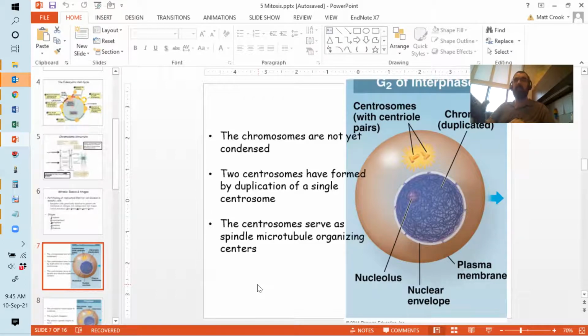Okay, cool. First thing, centrosomes need to be opposite each other at the poles, right? So you have 2 centrosomes here, they will push themselves apart. They actually do so by using spindle fibers.